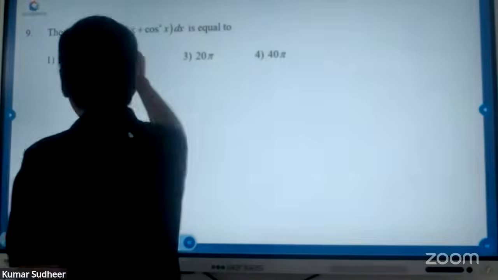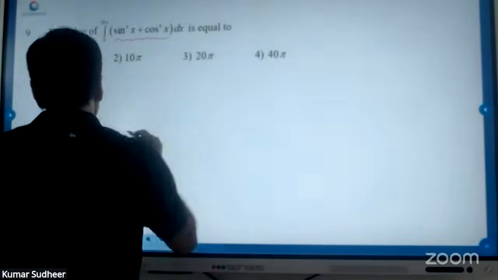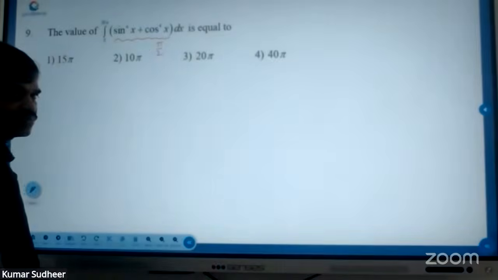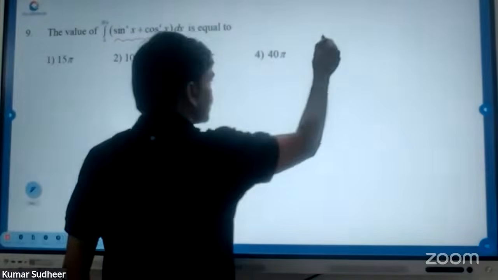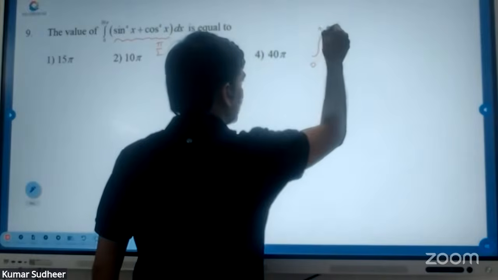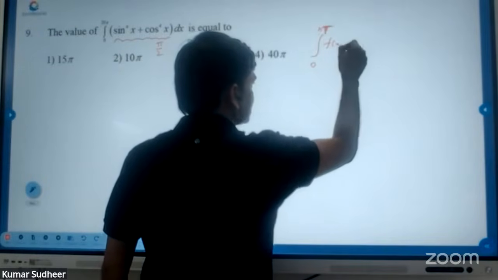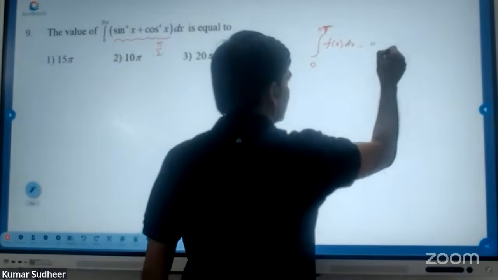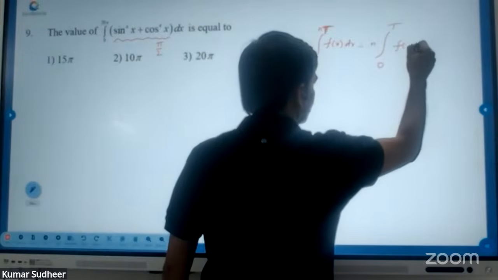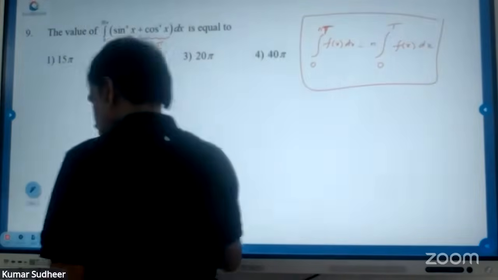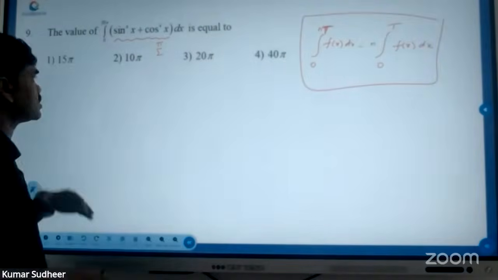We know that sine power 4x plus cos power 4x has a period of pi by 2. If I use integral 0 to nT, f of x dx, that is equal to n into integral 0 to T, f of x dx. Periodicity property directly I'm using. You can go without using this also, but I'm using this one.